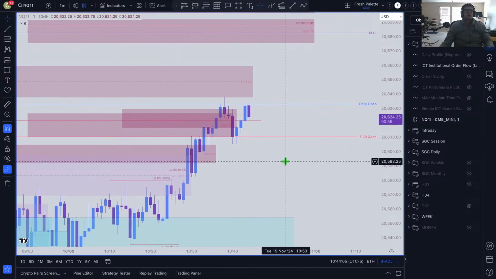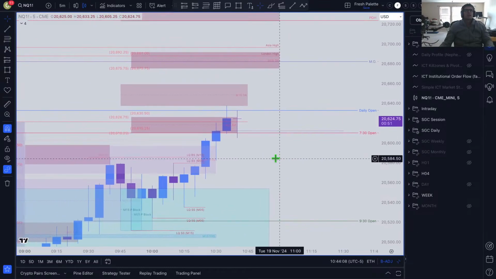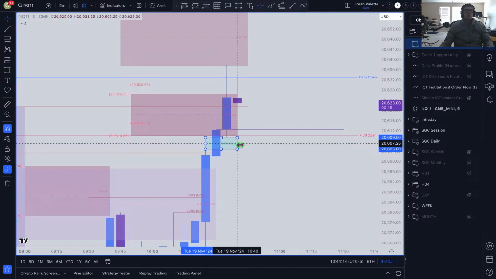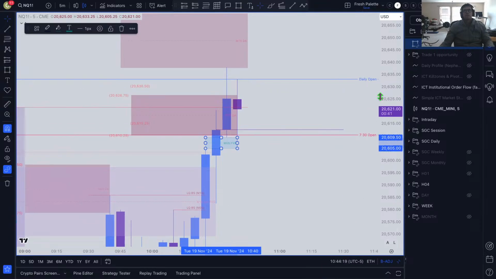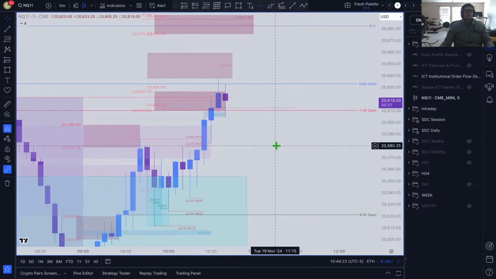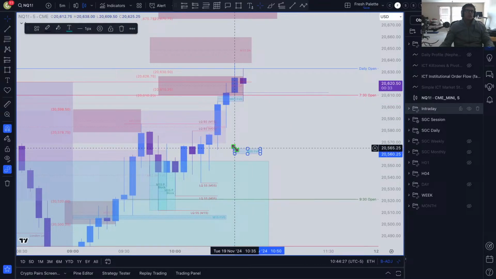You sort of want to see it close above the 9:30 open. The 5-minute tapped this fair value gap here. You do have this fair value gap down here too.